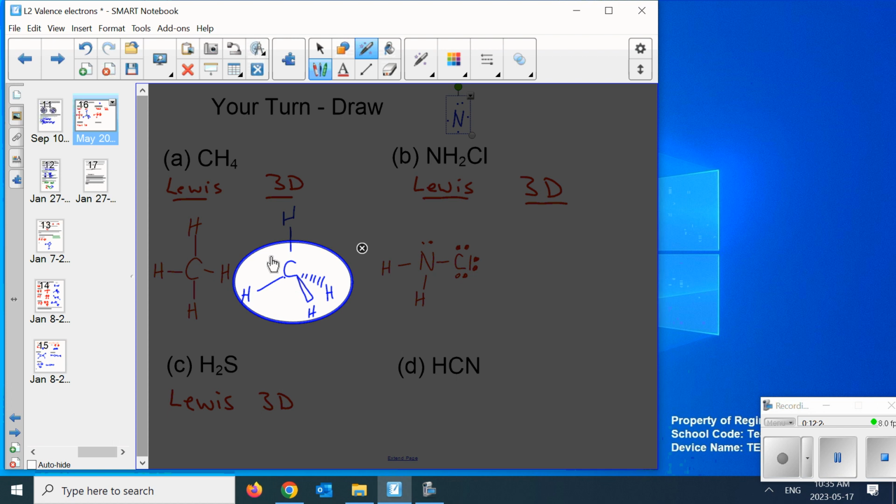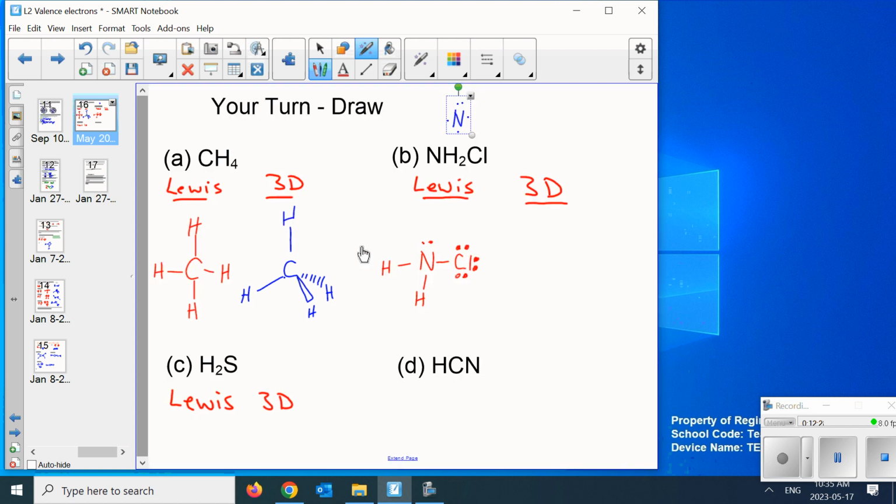I'm going to draw it like this. Now, there's other ways to draw it, but this is the way I prefer, with the pair of electrons. In biology you don't tend to want the extra electrons shown. Sometimes you do.